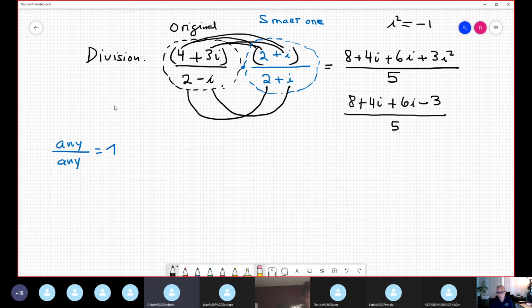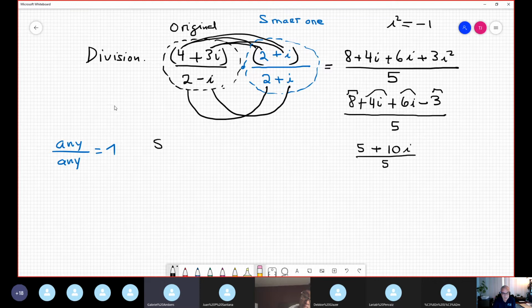And leave it like that? No, of course not. We combine later. So the real part is 8 and -3, which is positive 5. Plus 4i and 6i together is 10i, divided by 5. And leave it like that? No. Why not? Because I have never seen in my life a complex number written using a common denominator.